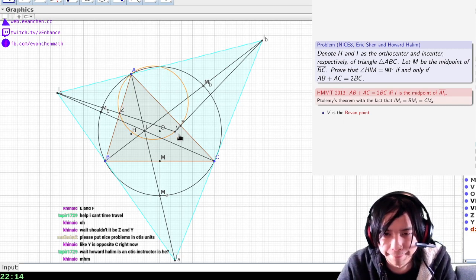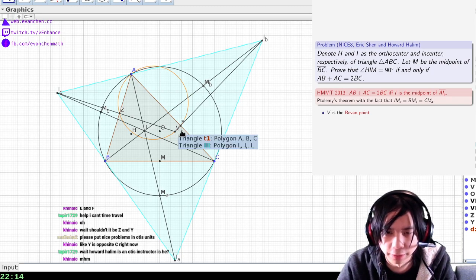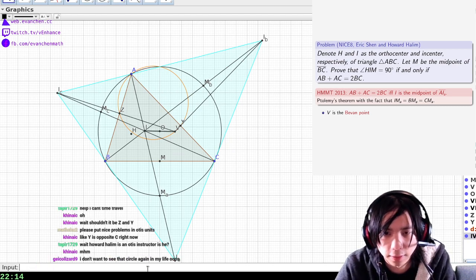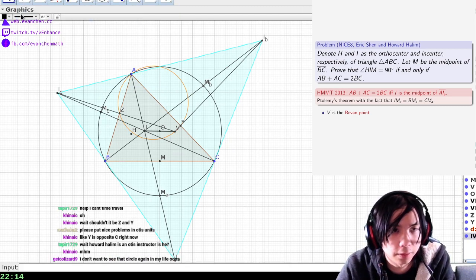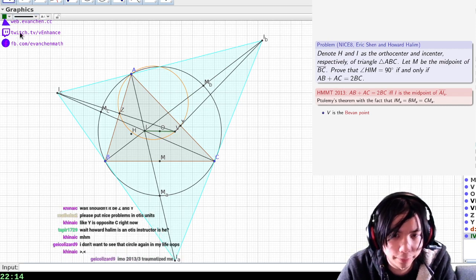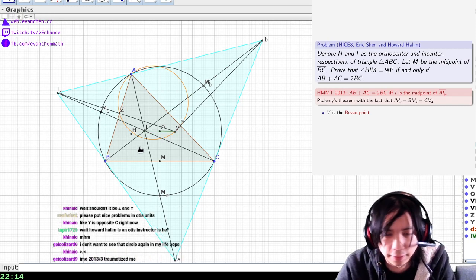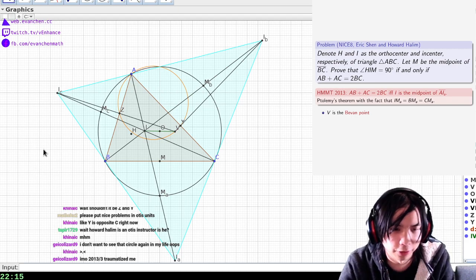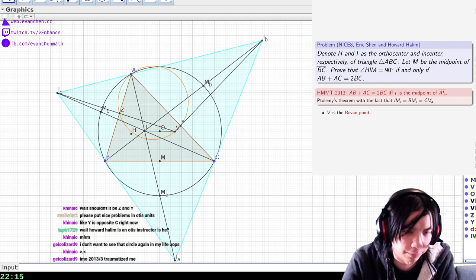This thing is always unconditionally like this. But VIO is also the Euler line, so that's always unconditionally there. So we'll color this green or something. That's the Euler line.